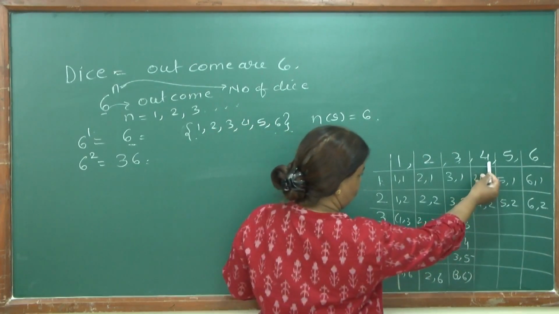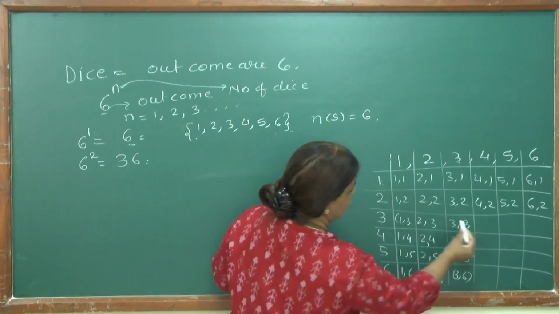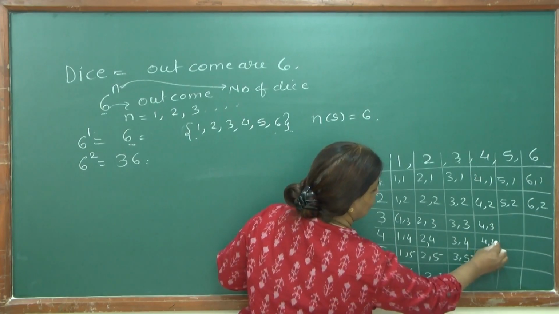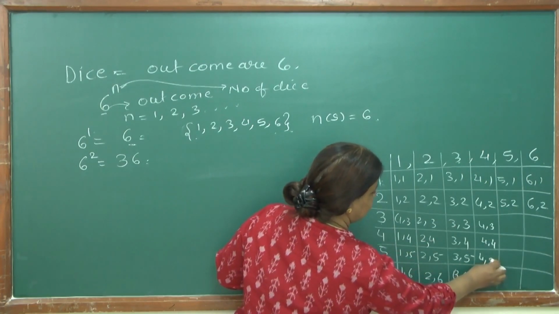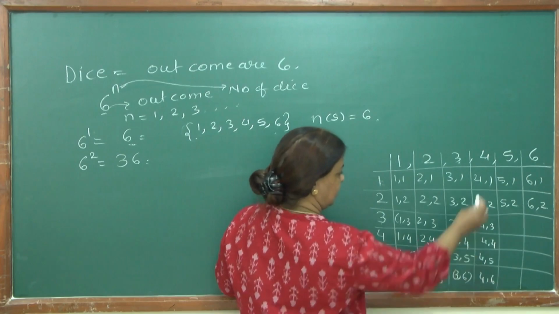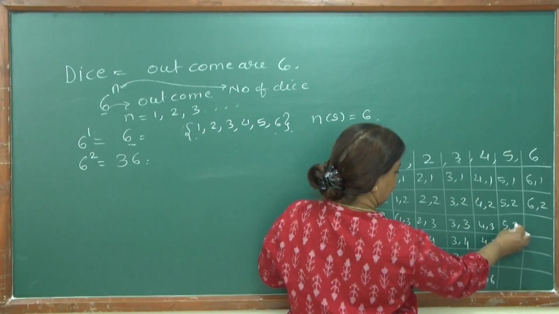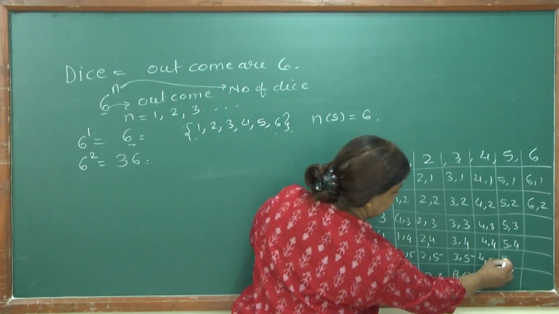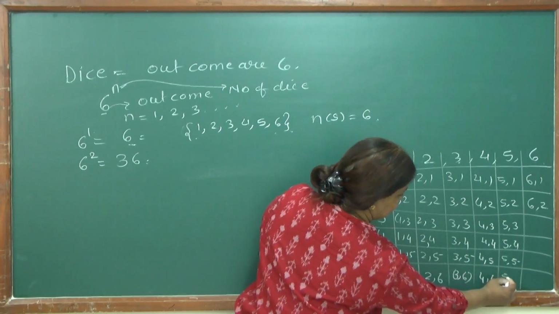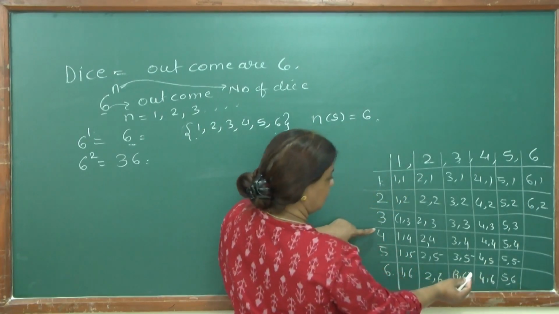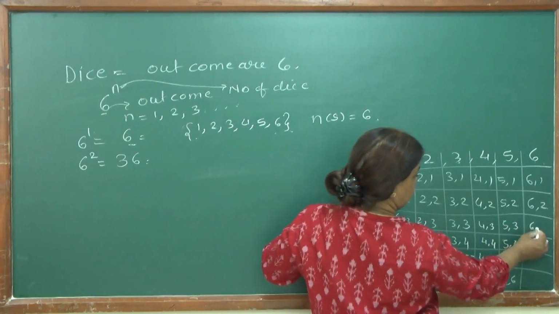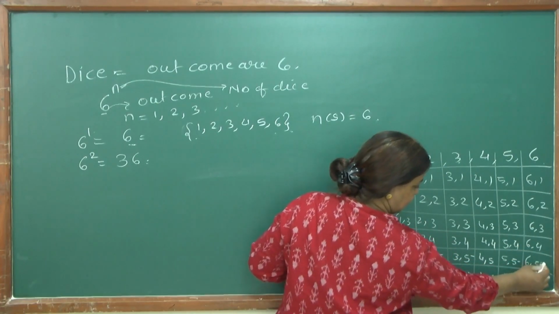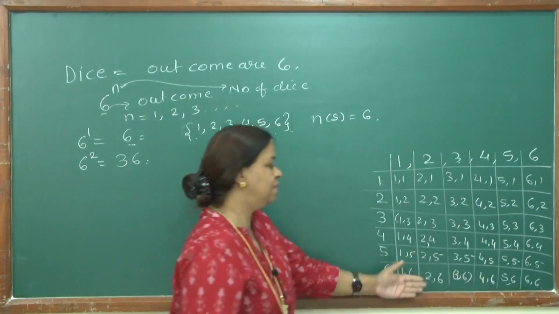Now then see, 4 and this is 3. 4, 3, then 4, 4, then 4, 5, then 4, 6, then 5, 3, 5, 4, I am keeping my finger, see, 5, 5, then 5, 6, then 6, 3, 6, 4, 6, 5 and 6, 6. You won't make any mistake.